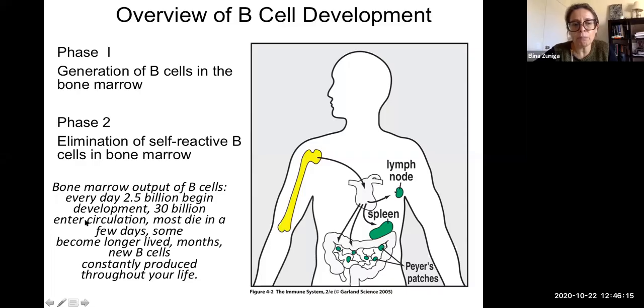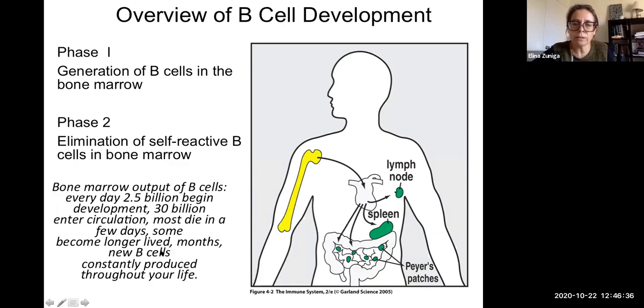Ultimately there will be 30 billion cells that enter circulation, and most of them will die in a few days, but some of them will become longer lived, and they will live for months. Not as long-lived as T cells, as we will contrast in future lectures, but they will live for months.